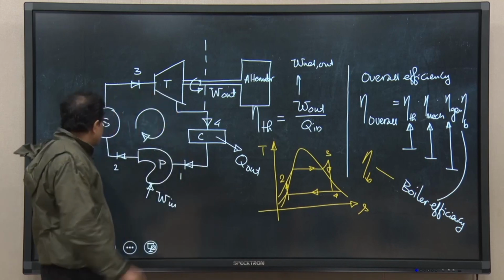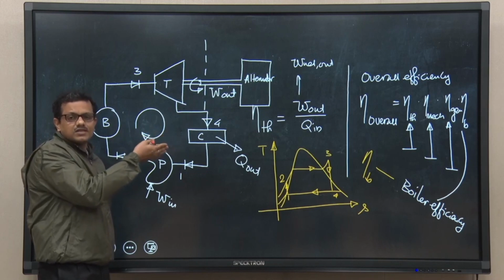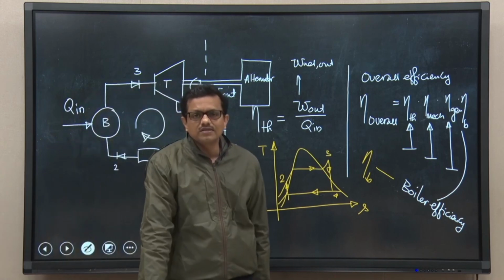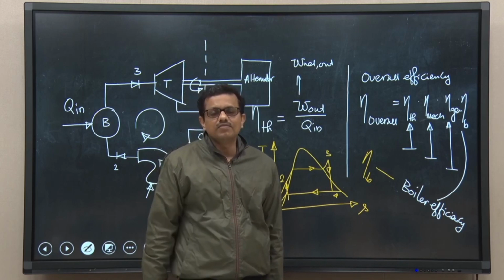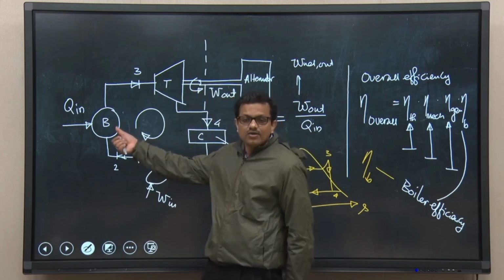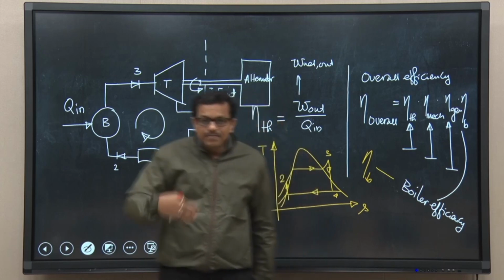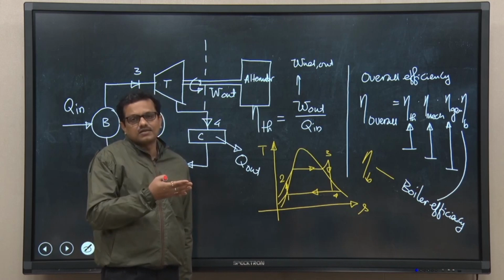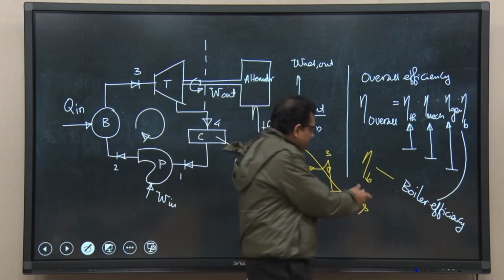As you have studied, there is heat transfer due to a finite temperature difference. So naturally the process is highly irreversible, and so long as it is irreversible, it is very difficult to achieve maximum efficiency or maximum exergetic efficiency. This device will not run with maximum exergetic efficiency, so the energy will be recovered, that is 100% true, but the recovery is not full. Accounting for that, we have boiler efficiency.